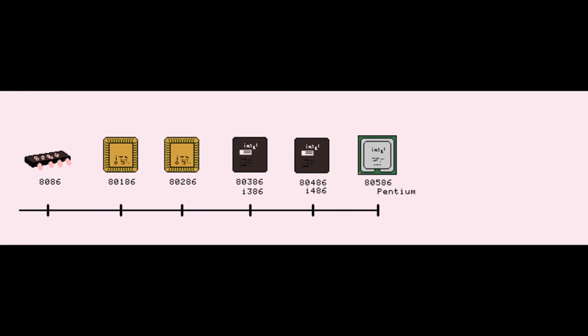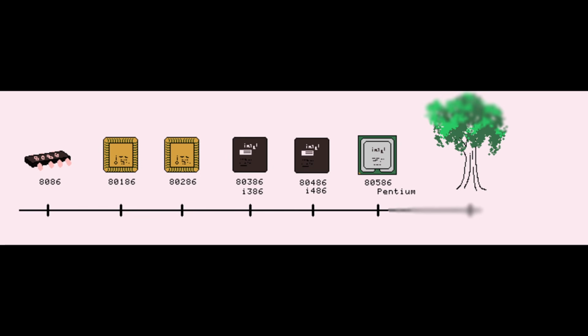I think at this point the naming for the family tree gets fuzzier, but modern x86-64 hardware is still roughly backwards compatible all the way back to the 16-bit 8086. For reference, the 8086 came out almost 50 years ago in 1978.